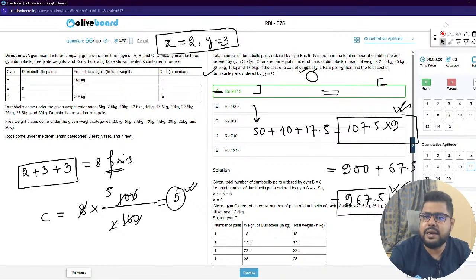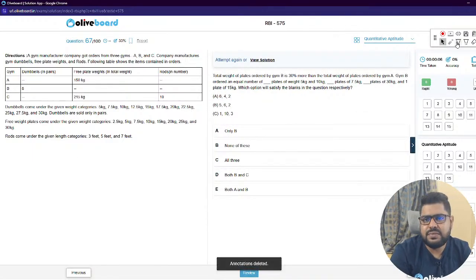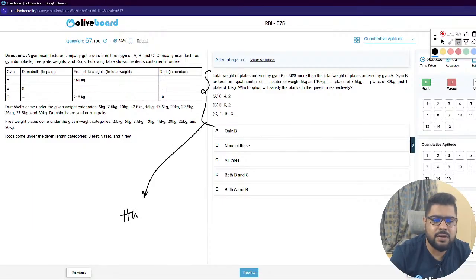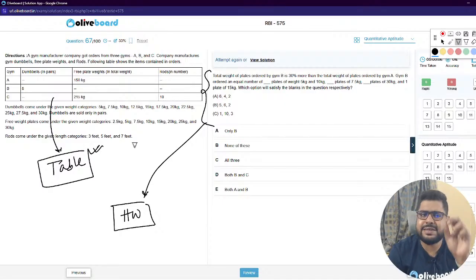Done, sir. Perfect. Now, a similar question like the previous one you can do. I'm just giving you one question as homework. Just a quick hint: for this question, you will need the chart, this table. This table will be required for just a simple bit.